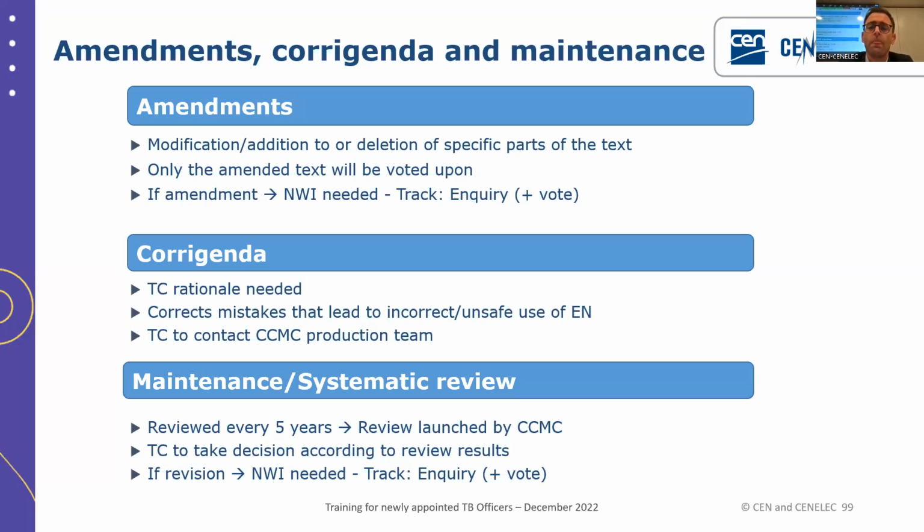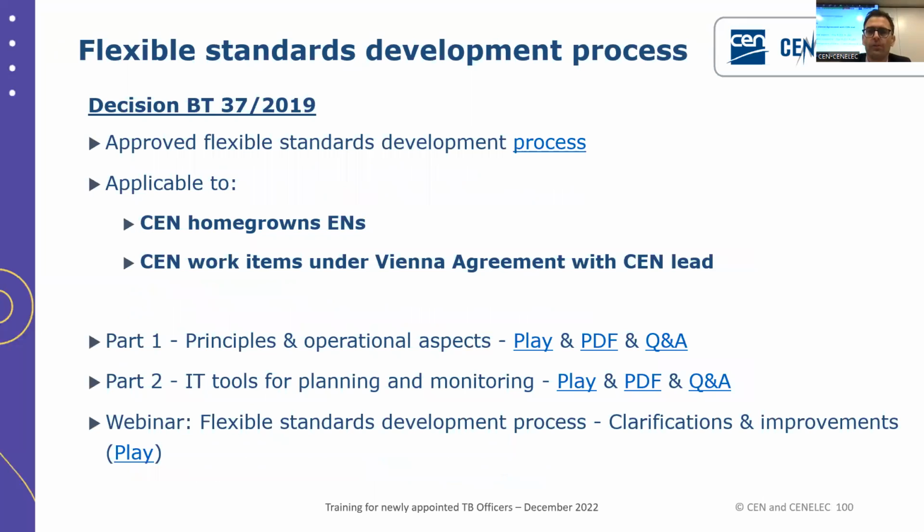So this is possible. Of course, if the outcome of the systematic review is to revise the standard, you don't take a decision to revise as such. What you do is, again, you launch a CIB for approving a new work item to start revising a standard. And if it's approved, you follow the normal process of inquiry and formal vote.